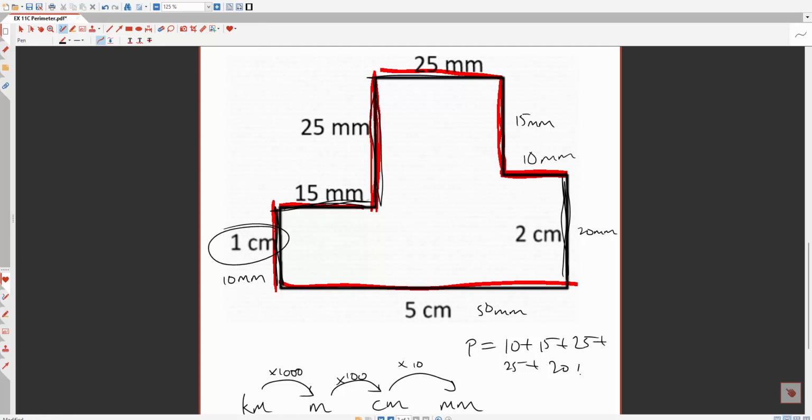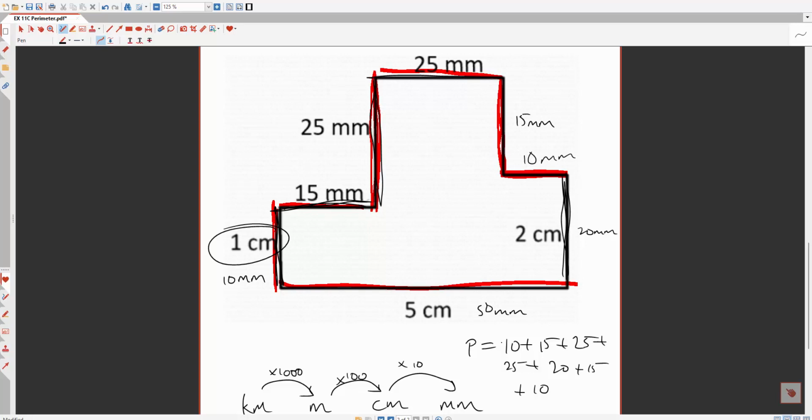So I'm just going to go plus 15 plus the 10. And I think that that's all of it, is it? 1, 2, 3, 4, 5, 6, 7, 8. 1, 2, 3, 4, 5, 6, 7. Ooh, there's one missing.